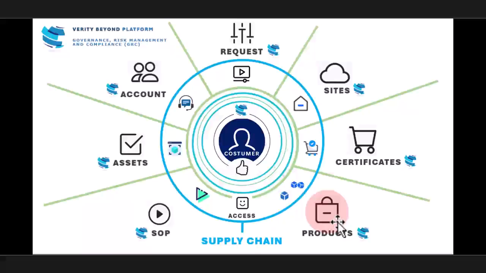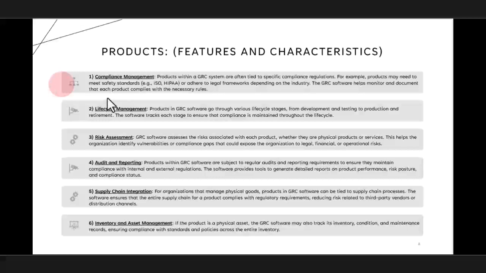VerityBeyond helps organizations manage compliance, mitigate risks, and maintain control over their offerings, ensuring they align with governance and regulatory frameworks. You can see that products' features and characteristics mainly involve compliance management. Products with a GRC system are often tied to specific compliance regulations.